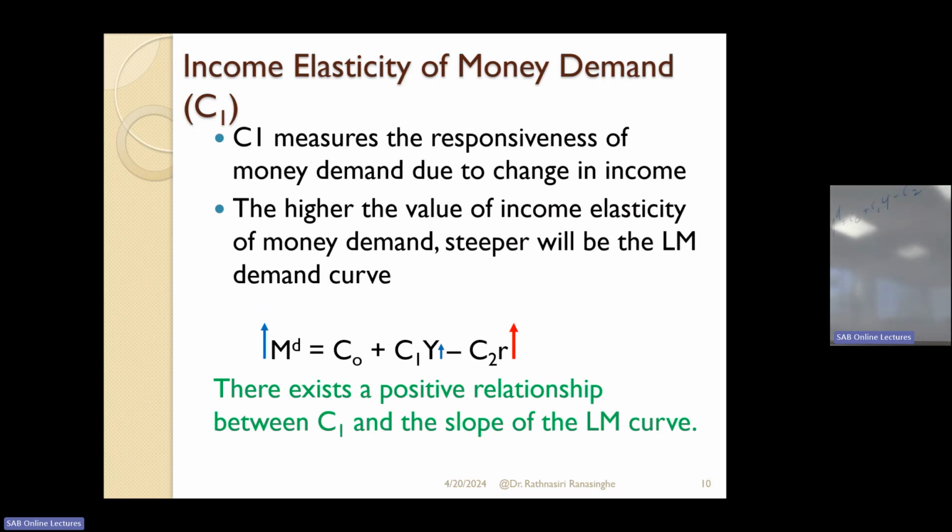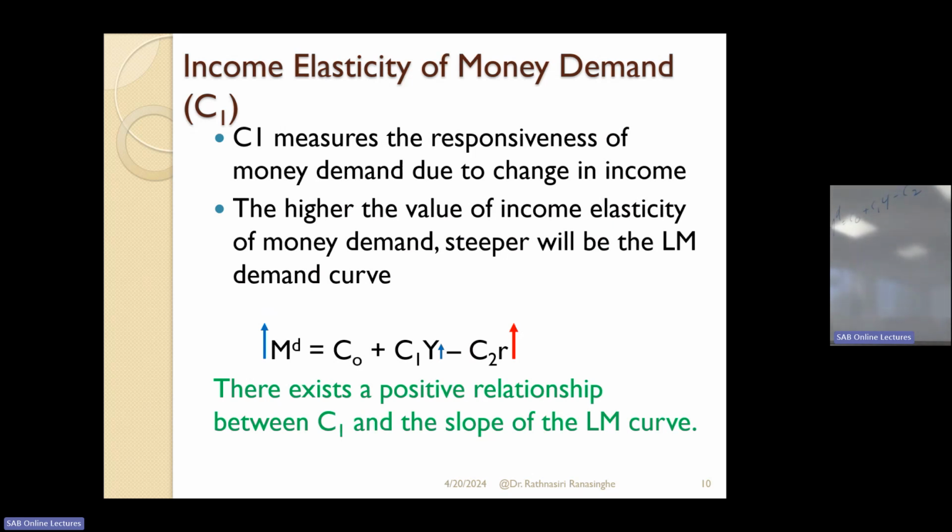Then, taking the first instance as an example, if there is a high value of income elasticity of money demand, if C1 is high, what happens? We assume a small rise in income, and we assume a high C1.